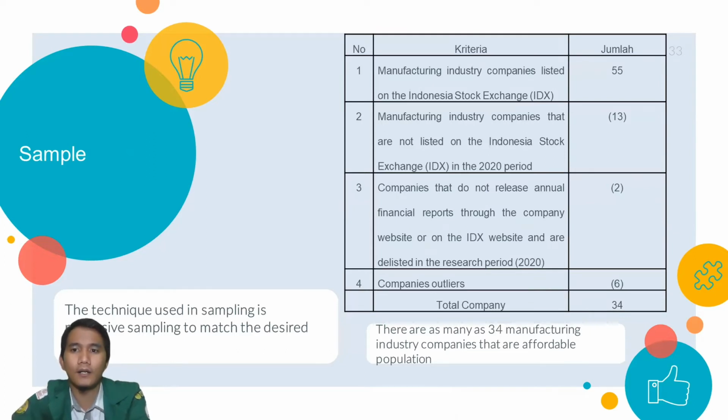The sampling technique: 55 listed, 30 unlisted, not publishing annual financial reports 2, and outliers 6. The total company sample is 34.